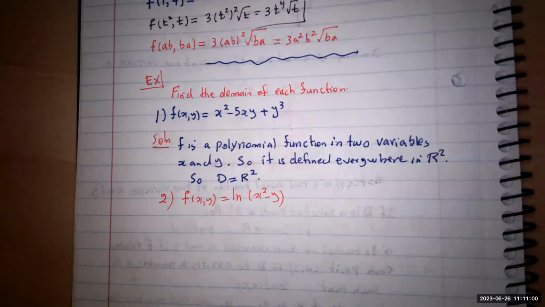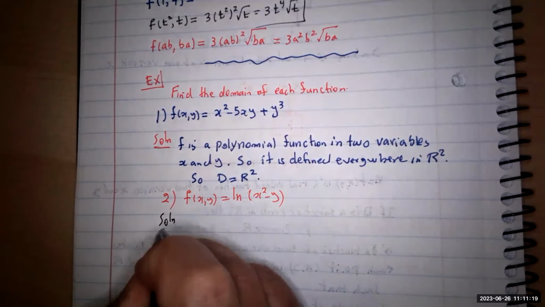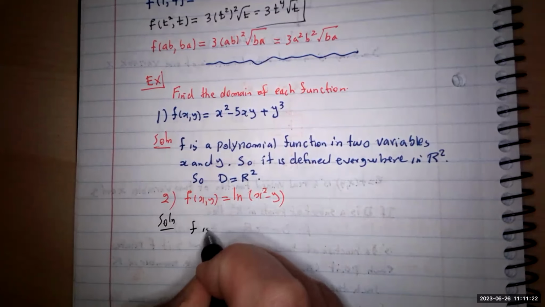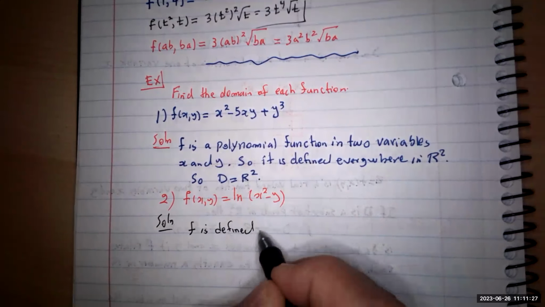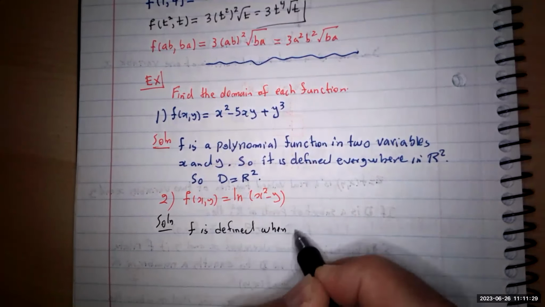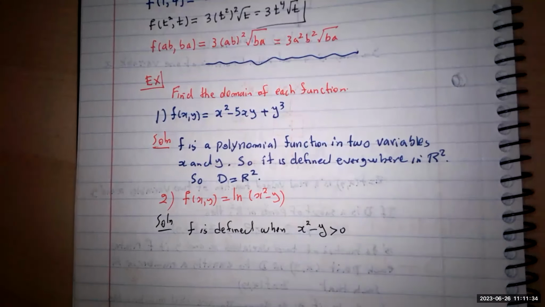Then you know the restriction for the natural log: you cannot take the ln of a negative number. So you have to impose this restriction to get the domain. So your solution is going to be, remind yourself that f is defined, of course, with one condition: when x squared minus y is greater than 0.